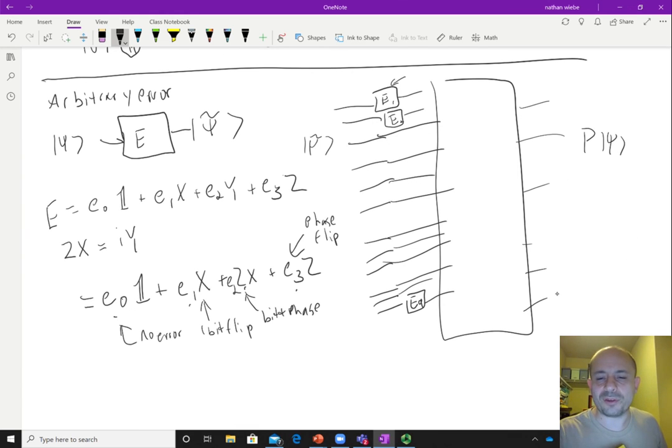So depending on the measurements that we get out of our syndrome qubits, that determines which of these spaces we project it into.